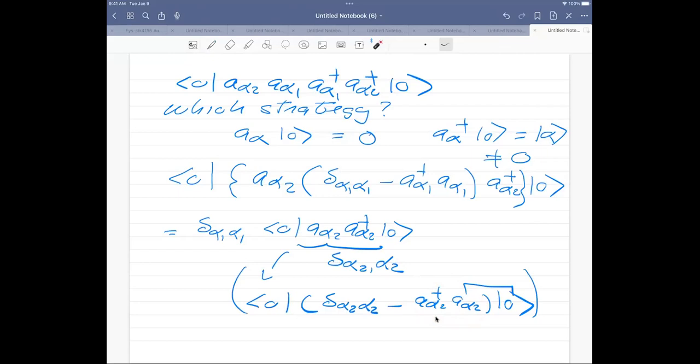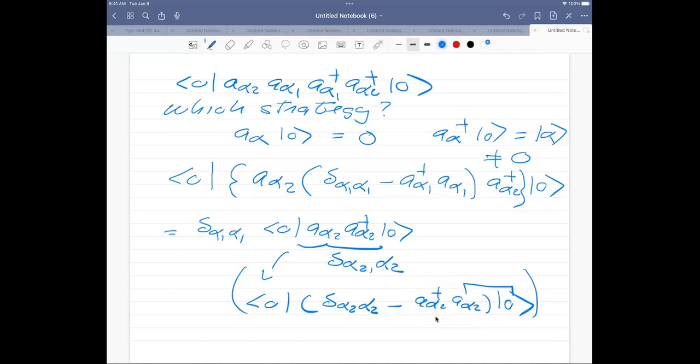So we have ordered the operators, so all the creation operators are to the left and the annihilation to the right, which means that they act immediately on a vacuum state and give us automatically 0. So this term here gives us automatically 0 because we're just acting on vacuum with a destruction operator.